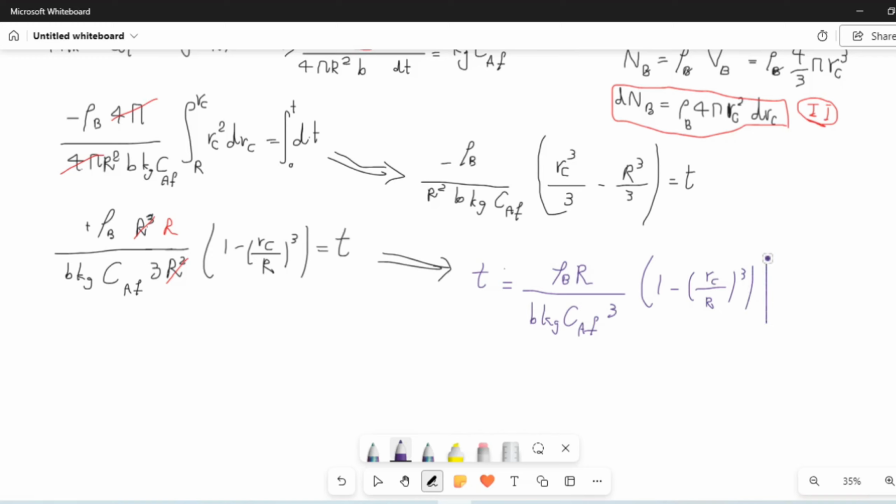Ultimately, this gives us a function to calculate the time required for the reaction to reach different radii.